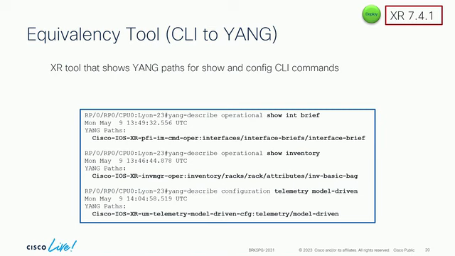Internal logic will try to find the corresponding model, which will show the proper model in YANG format. So you just start with show interface brief. You know the CLI, but you don't know the model for it.